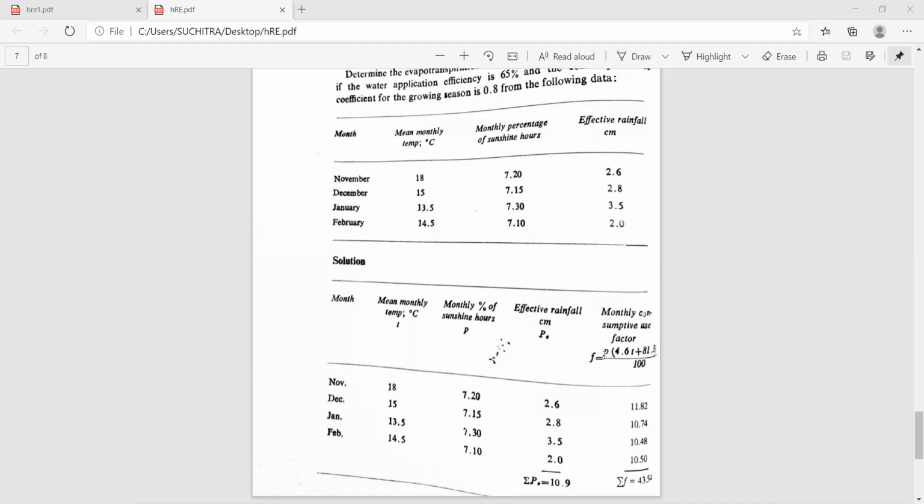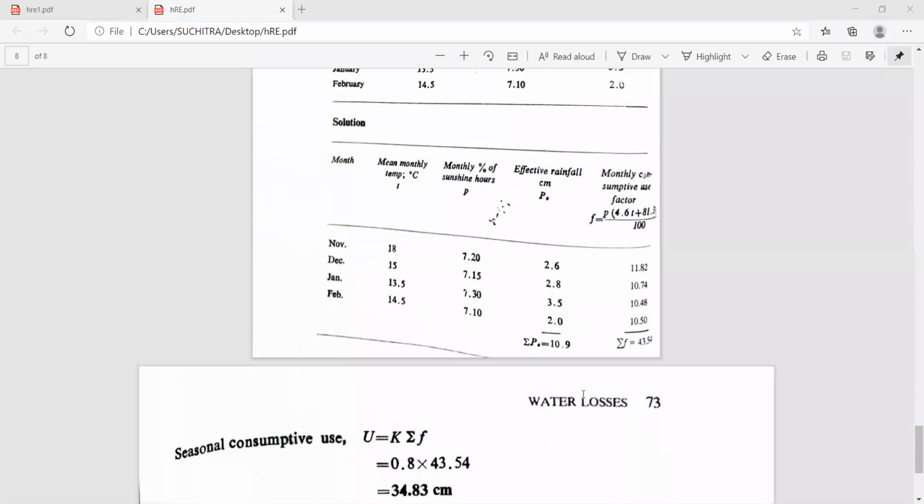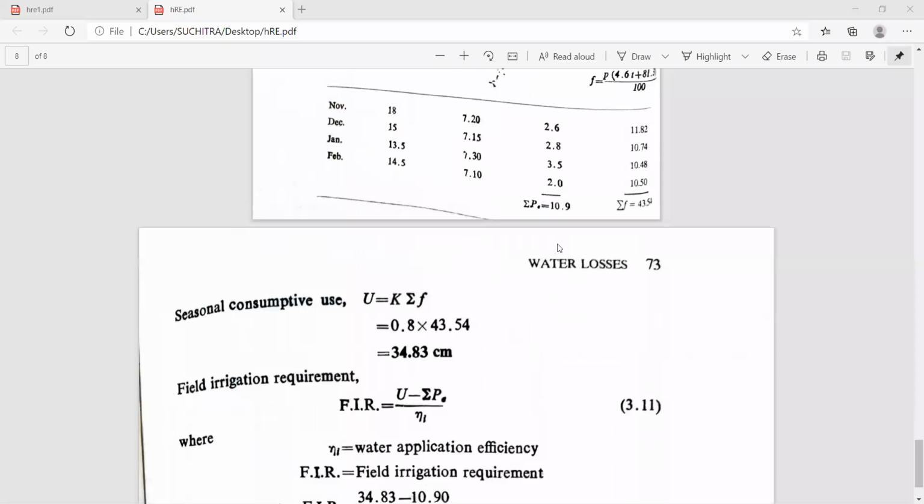Here P is the percentage of sunshine hours, and T stands for the mean monthly temperature in degrees centigrade. If you substitute here, you will get the values of F. Then you calculate sigma F, which is about 43.54 centimeters.